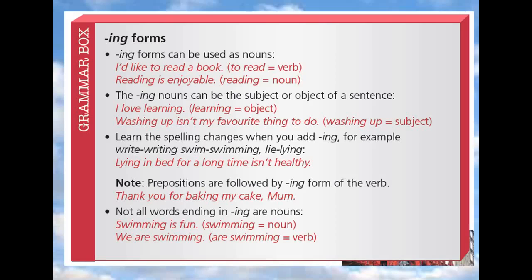And if the verb ends in ie, like lie or die, we change the ie into y, lying and dying. So write, writing, swim, swimming, double m, lie, change the ie into y. Lying in bed for a long time isn't helpful. Note, prepositions are followed by the ing form of the verb.